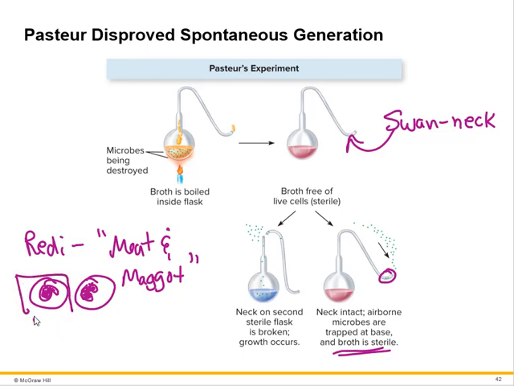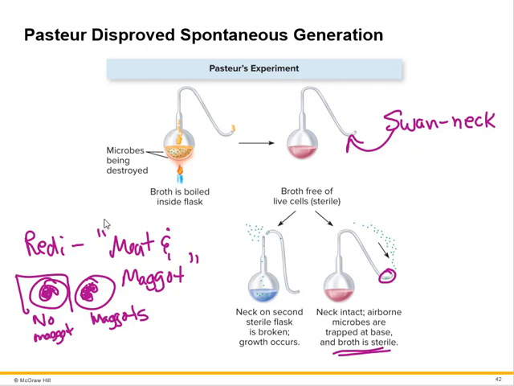The covered one had no maggots, and the uncovered one had maggots. So he said that life can't come from nothing, that the flies have to be able to touch the meat to lay their eggs, and the maggots to develop from that.